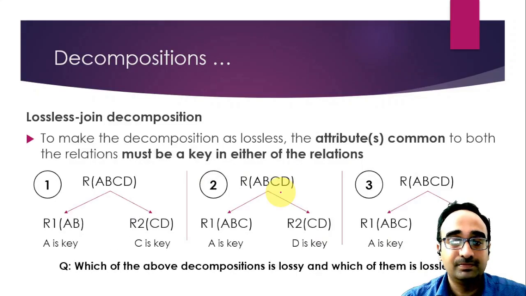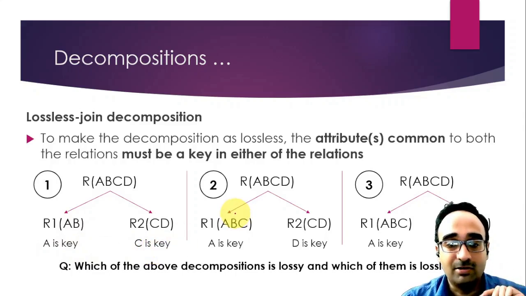Right. Now here I am giving you three scenarios or three problems. There is a table with attributes A, B, C, D, and it is decomposed into one table having AB and another table having CD. Here also it is ABC, CD, and here it is ABC, CD. Below, I mentioned in each table what the key is.